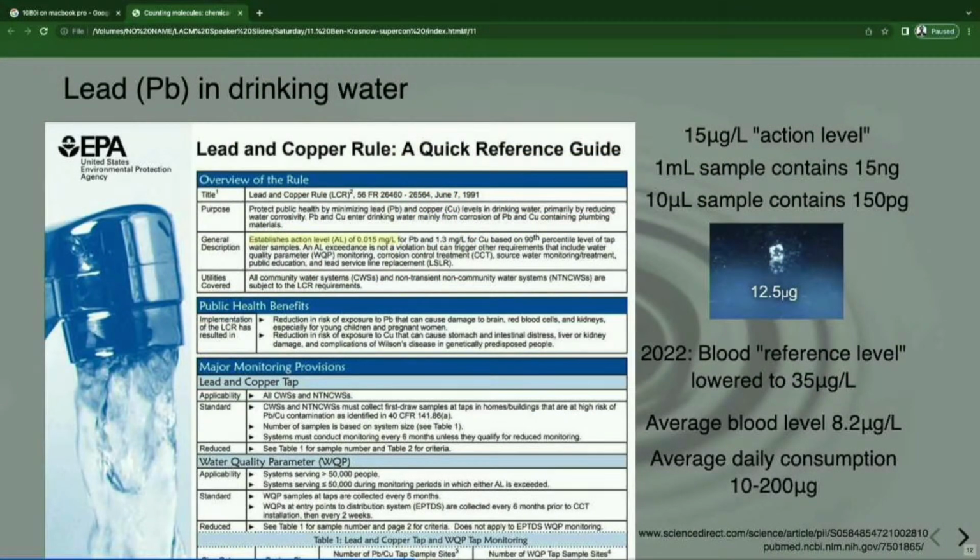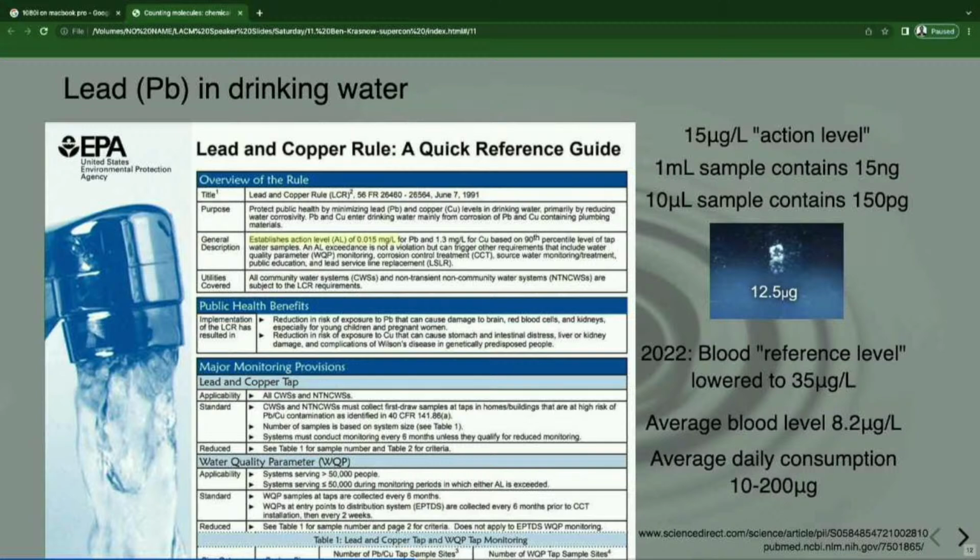So if you found 1 atom of lead in the entire drinking system of LA, that would be more than 0. So the EPA can't say that the limit is 0 because you could always find 1 or 2 atoms of lead somewhere. So the limit they've come up with is 15 micrograms per liter as the action level. That means you can take action if you measure your water and you have more than that amount in there.